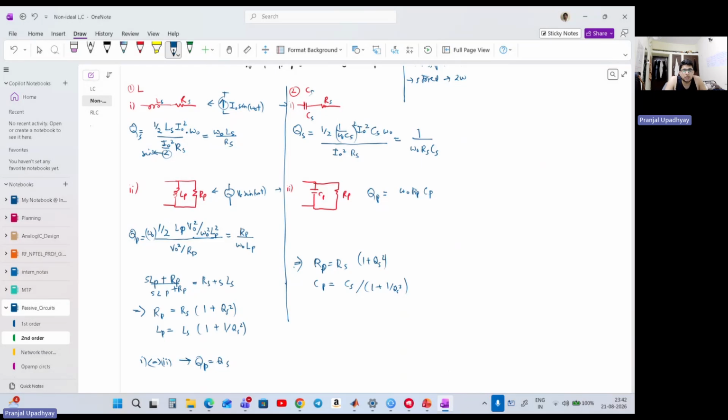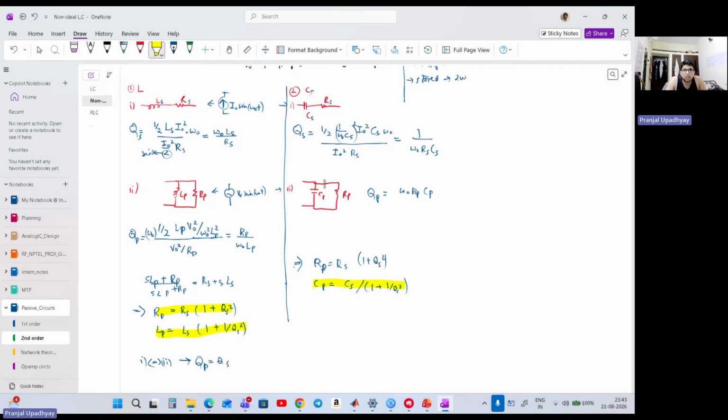Since both of these are equivalent, we can equate their impedances, and finally the expressions that we establish are that RP equals RS times 1 plus QS square, and this is also equal to this, which is true for the representation of a non-ideal inductor, and this expression is true for the representation of a non-ideal capacitor, and this resistance equation stands true in both cases.